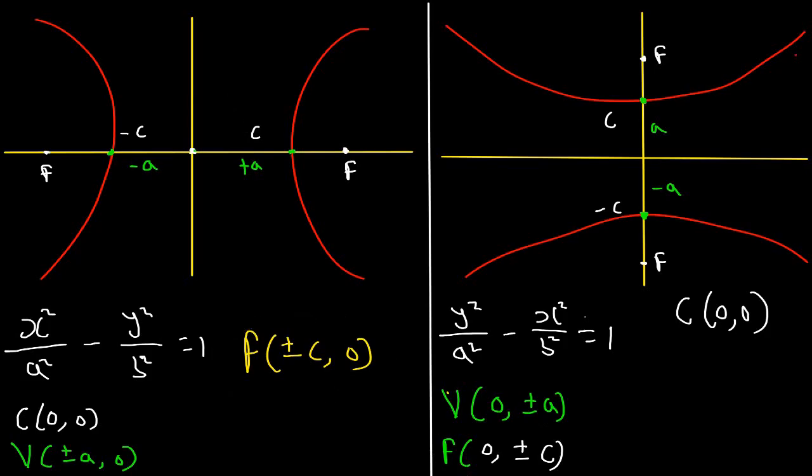Am I communicating? Perfect. Now, having known how to express your vertices, your center and focus, and the equation of the hyperbola, the next thing you need to be familiar with is what we call the transverse axis. This is a line that joins the two vertices of the hyperbola.